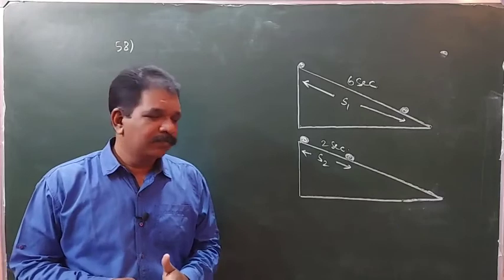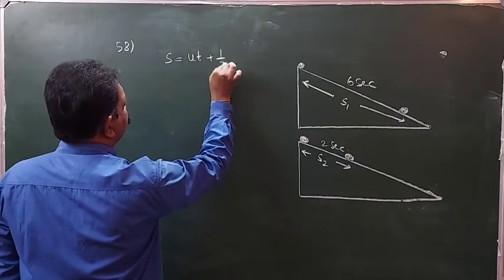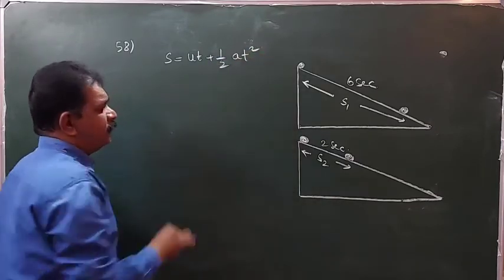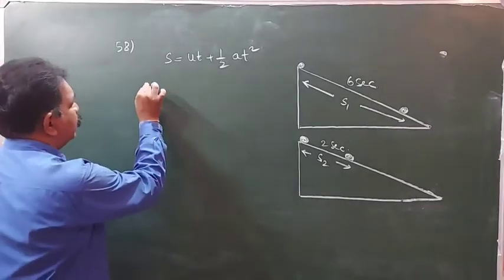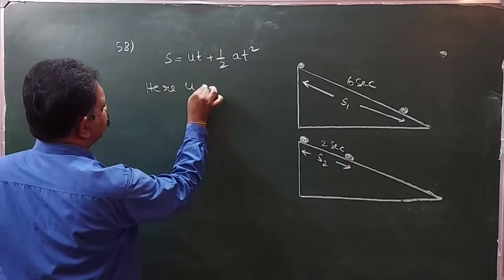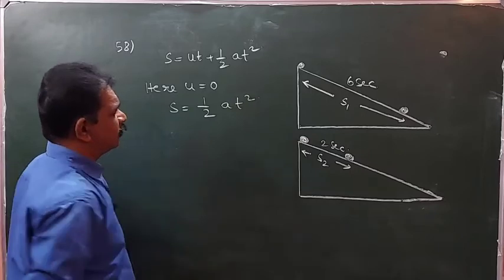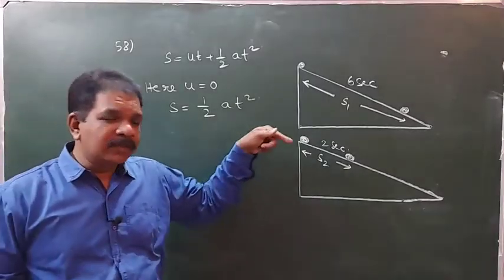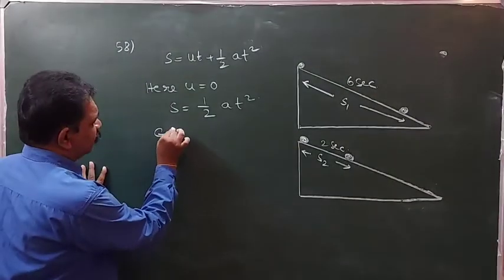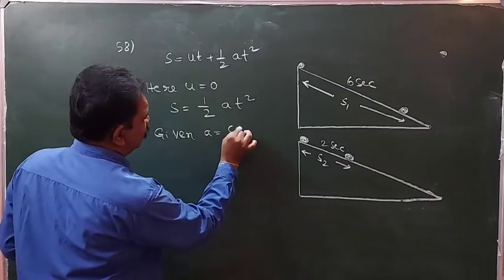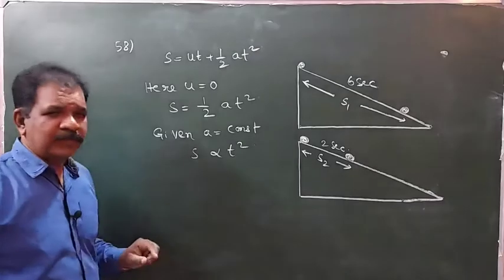That is the question. S is equal to ut plus half at square, we know. The u value is 0, they mentioned. He started from rest, so u is equal to 0. S is equal to half at square then. And they mentioned he traveled with the same acceleration, given A is constant, so S is proportional to t square.